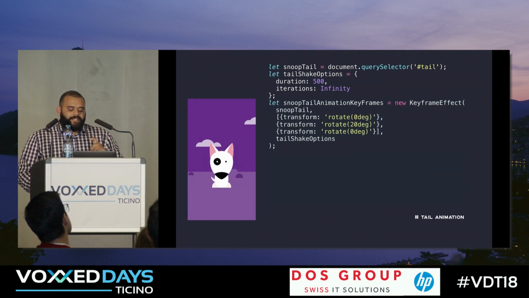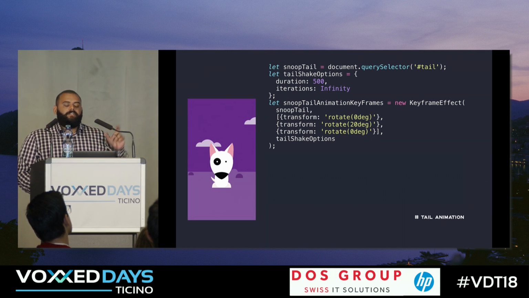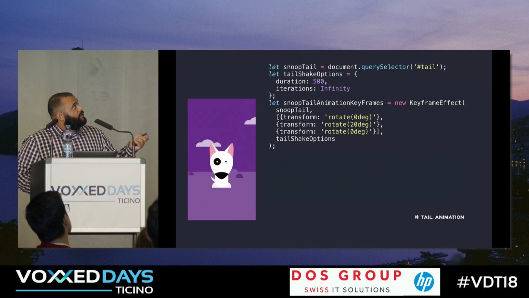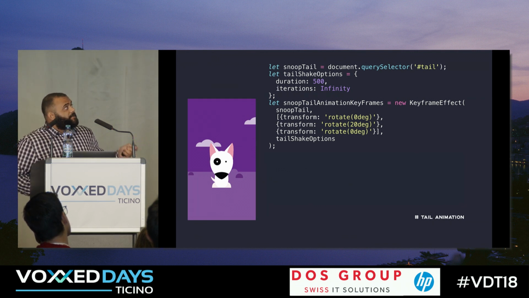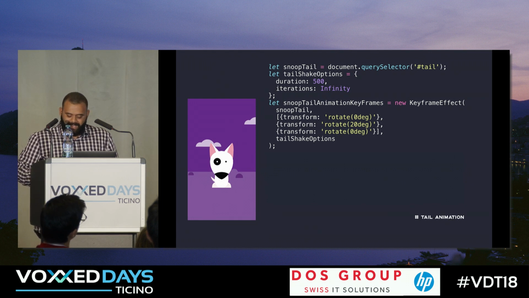Then you have to create this keyframe effect, and in the first parameter, you have the element that you want to animate. The second parameter, you have the keyframes with the changes that you want to have. And in the last parameter, you have the options for this animation.